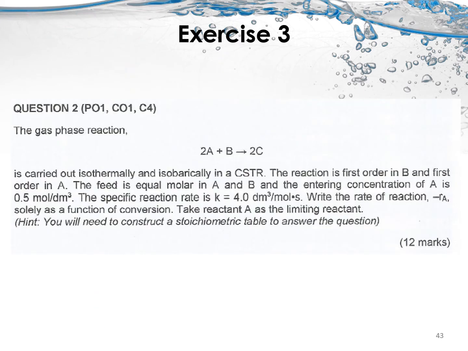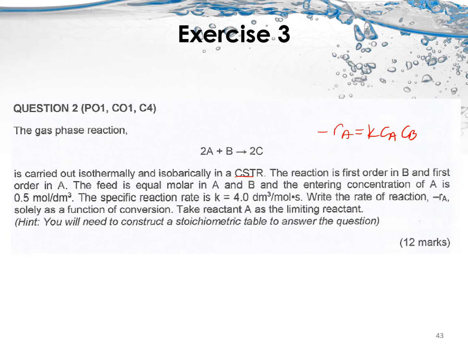So we proceed to exercise number 3. Hopefully you are catching up and following my lecture. We have 2A plus B equals 2C, carried out isothermally and isobarically in a CSTR. The reaction is first order in B and first order in A, which means that negative r_A is equal to k C_A C_B.